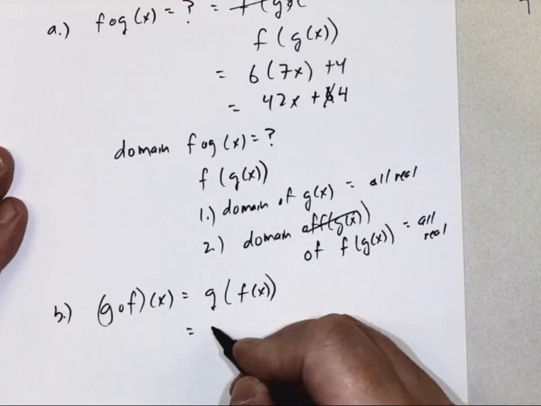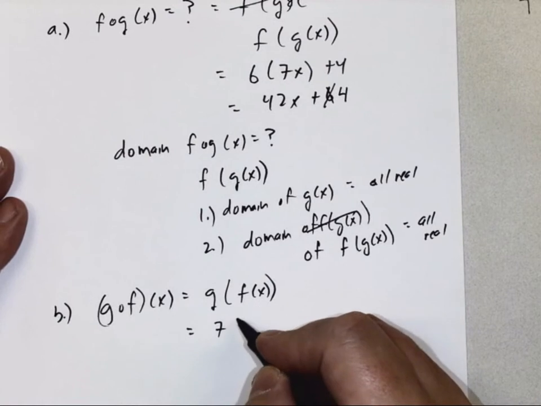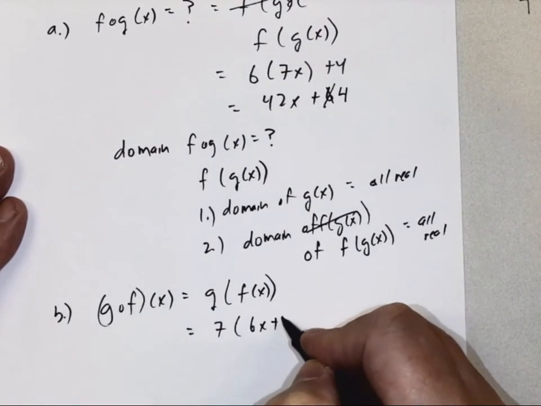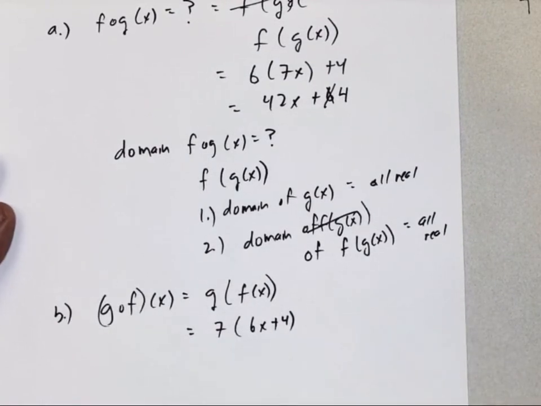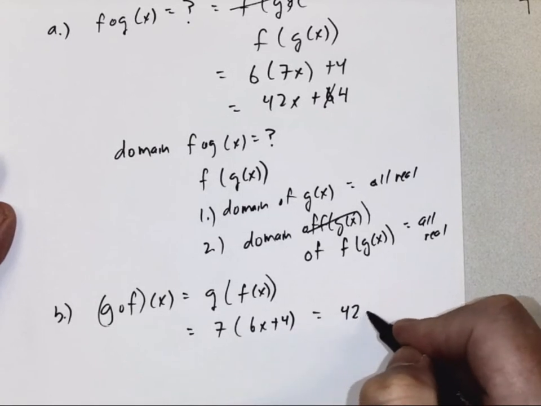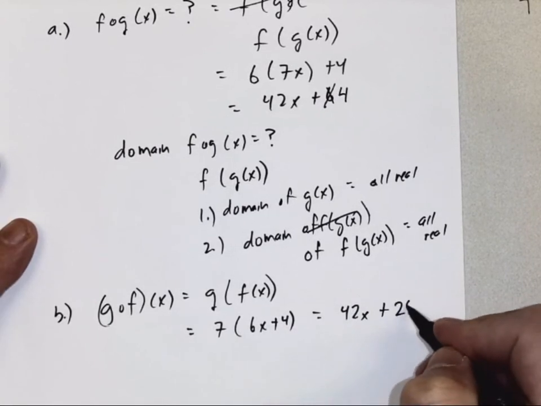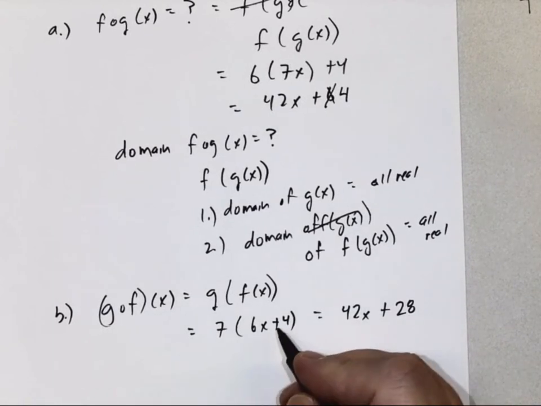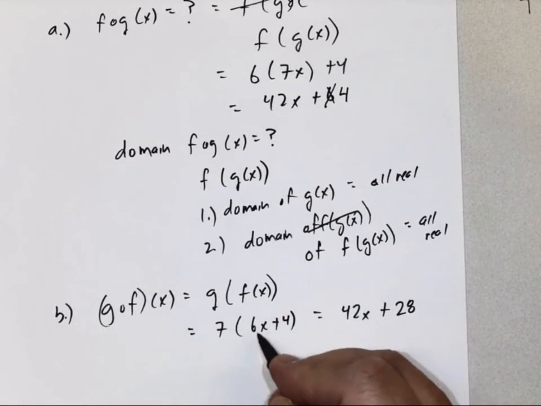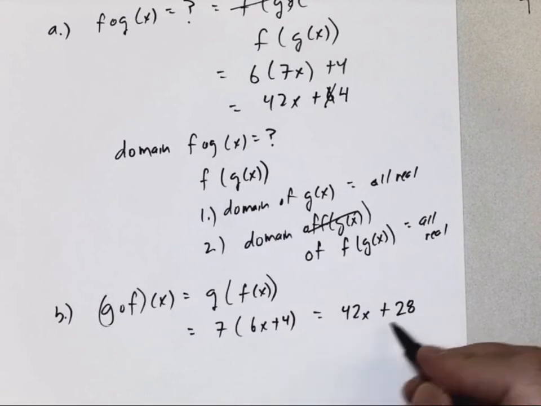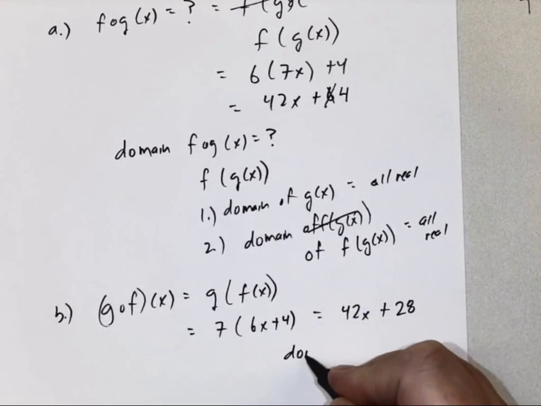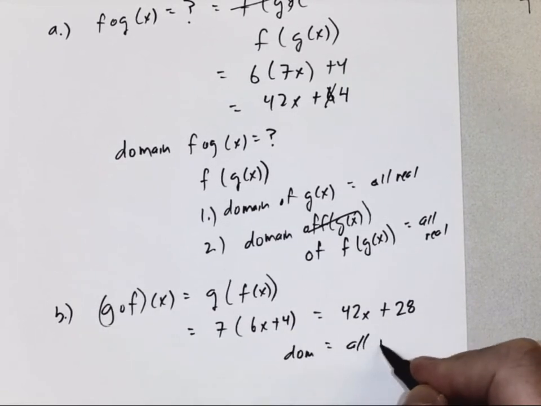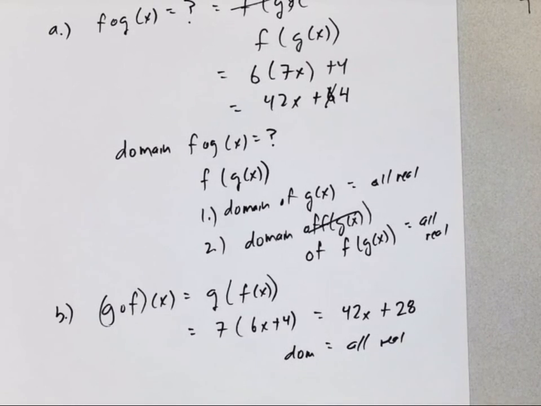So I have 7 times 6x plus 4, multiply out parentheses. Looks like for part B, the composite function is 42x plus 28. And if I look at the domain, once again, here's my inside function. That domain is all real. My answer is all real. The domain is still all real.